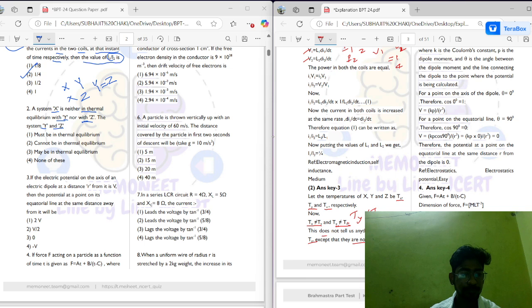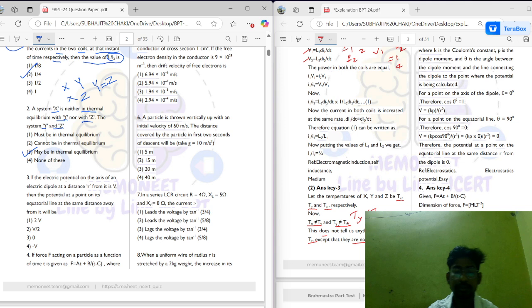But there is no certainty. We cannot say that they must be in equilibrium, or that they are not in equilibrium. There may be equilibrium or may not be.